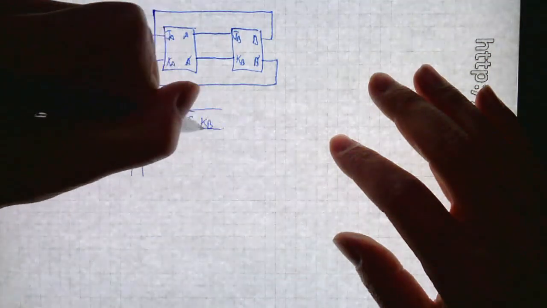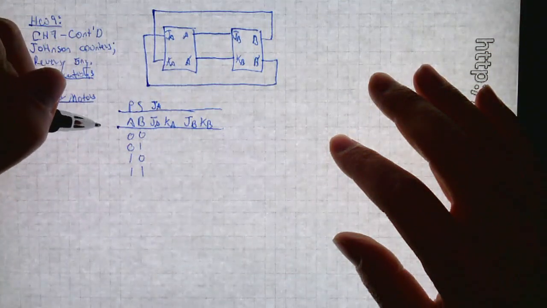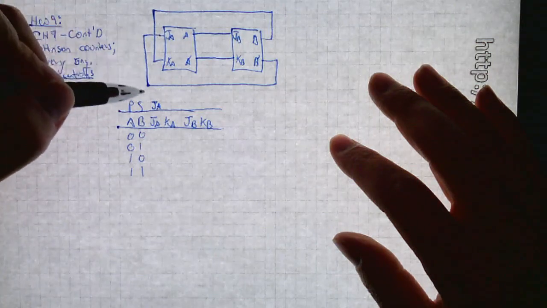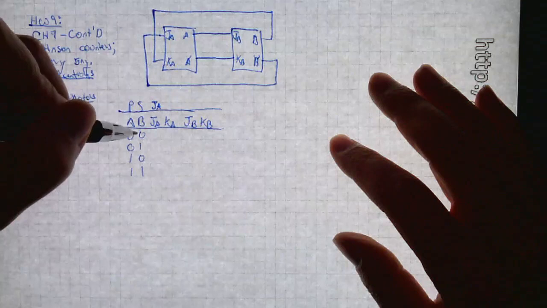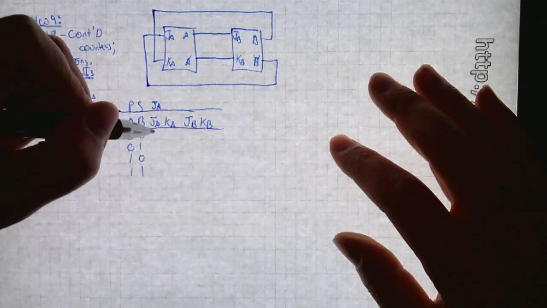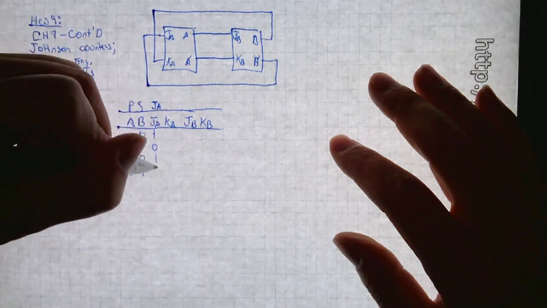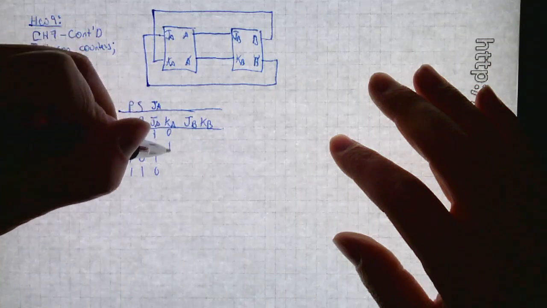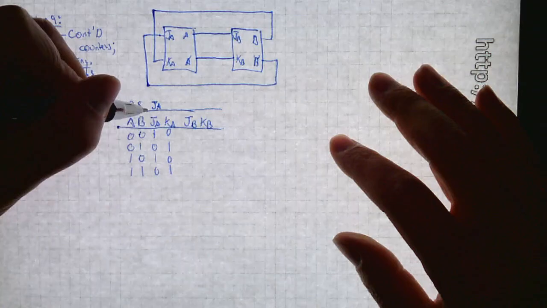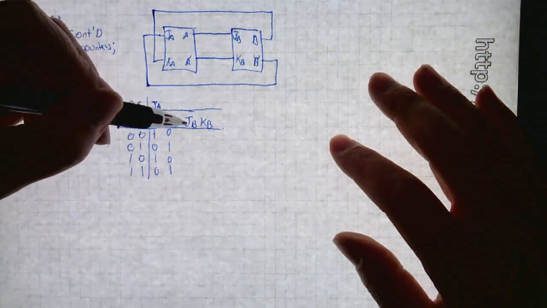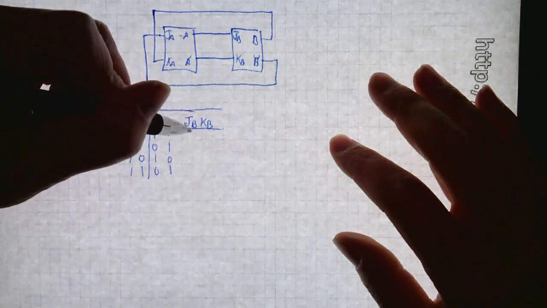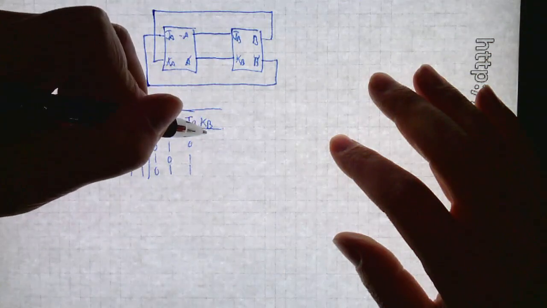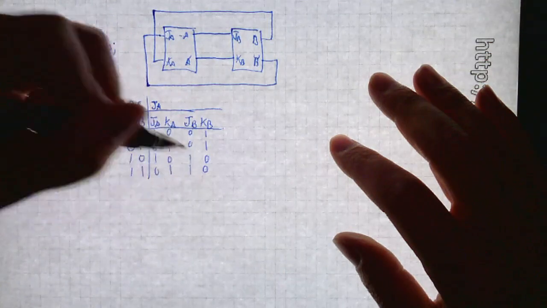And once we know the inputs, maybe we can figure out what the next states will be. So it says here that JA is equal to B prime. So here's B. Let's write out B prime: 1, 0, 1, 0. KA is always going to be the inverse of JA: 0, 1, 0, 1. And I can get JB, that's equal to A: 0, 0, 1, 1. And KB is always the inverse of JB, so it's always 1, 1, 0, 0.